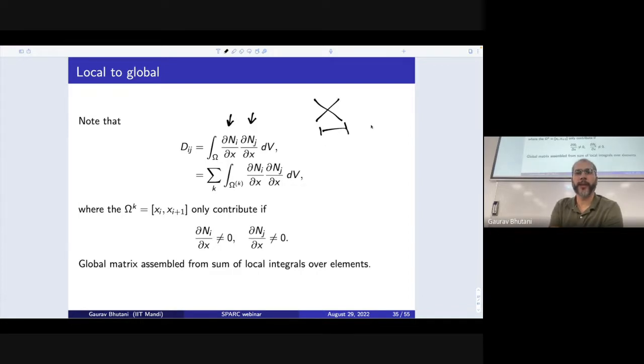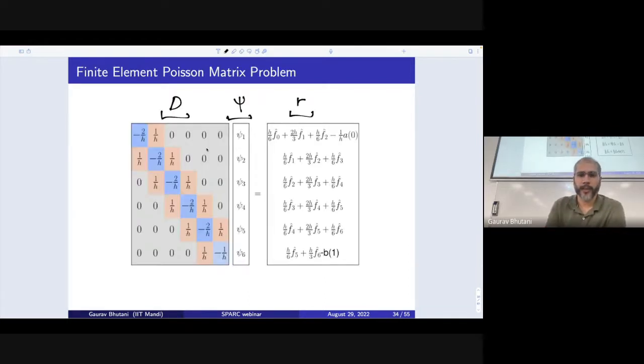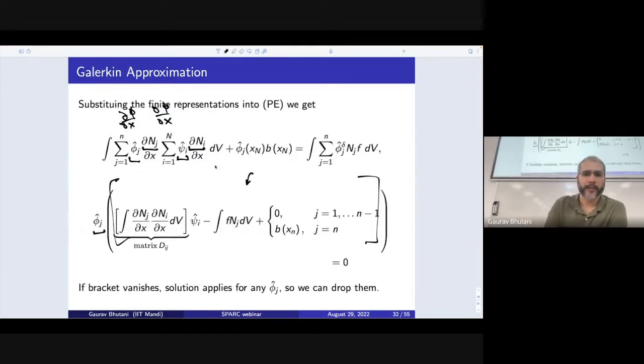All the elements have very similar behavior in terms of basis functions, one going up and one going down. So locally, all the elements behave very similarly. It is only these coefficients that change. These things are the same for all the elements. Agreed?